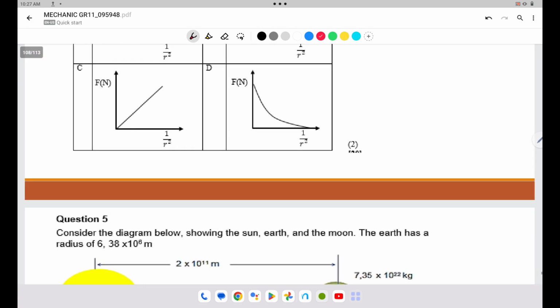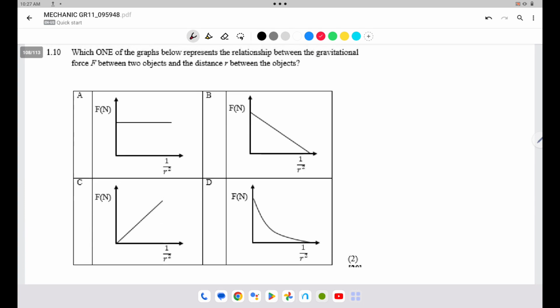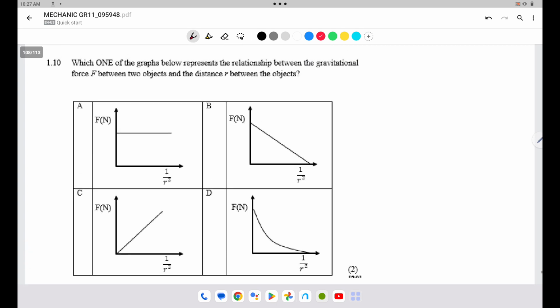Okay, so I just want us to take a look at this question and call it a day. Okay, so it says, which of the following graphs represent the relationship between the gravitational force F between 2 points and the distance r between the objects?